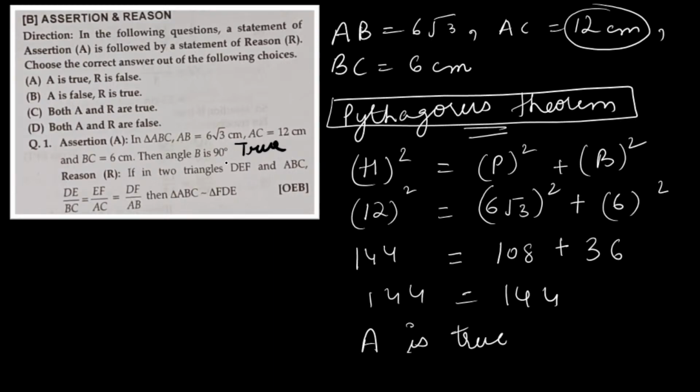If in two triangles DEF and ABC, it's given to us that the ratio of the three sides, DE by BC, is equal to EF by AC, is equal to DF by AB, then triangle ABC is similar to triangle FDE.